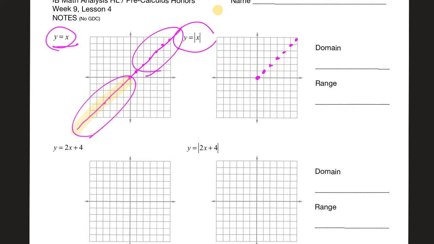And these points end up becoming their positive counterparts. So the part that was at -1 is now at +1, and what was at -2 is now at +2, etc. So anything that was under the x-axis ends up reflecting over the x-axis so that it ends up being positive.